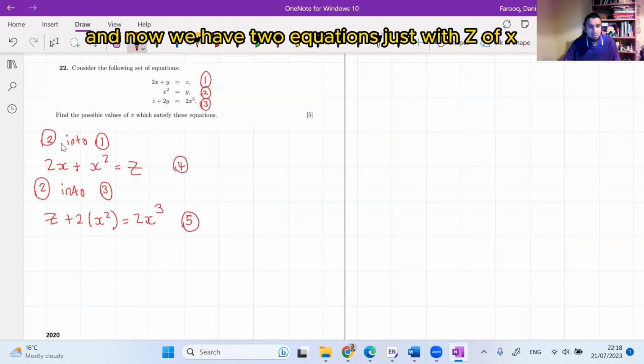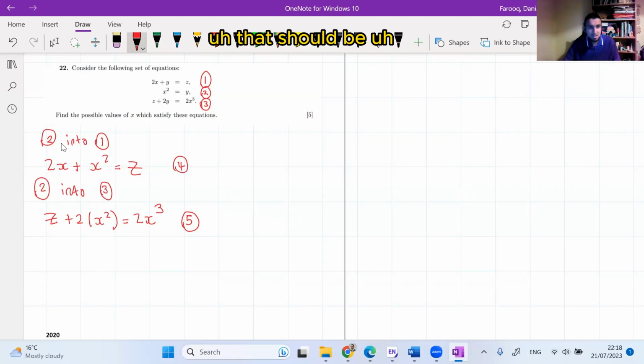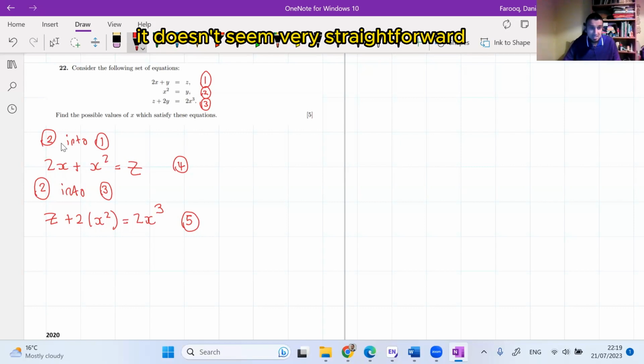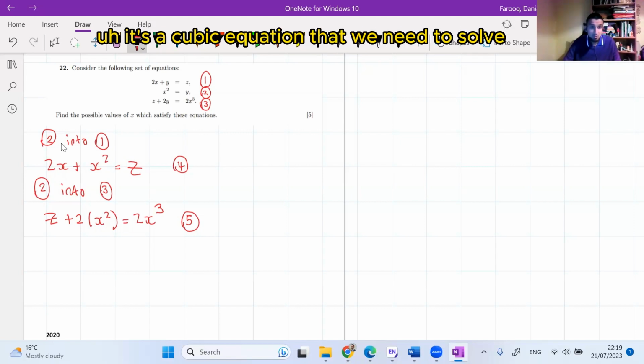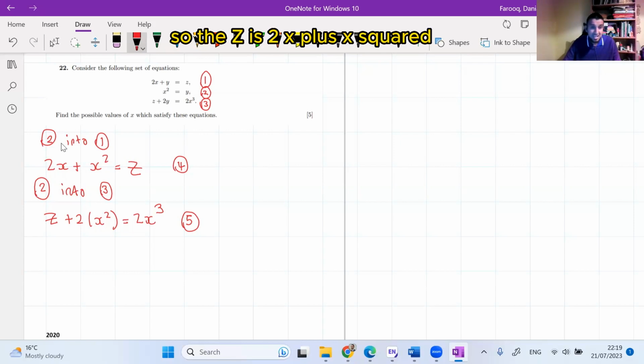That should be solvable, although it doesn't seem very straightforward. It's a cubic equation that we need to solve. So the z is 2x plus x squared. We can straight away substitute 4 into 5.